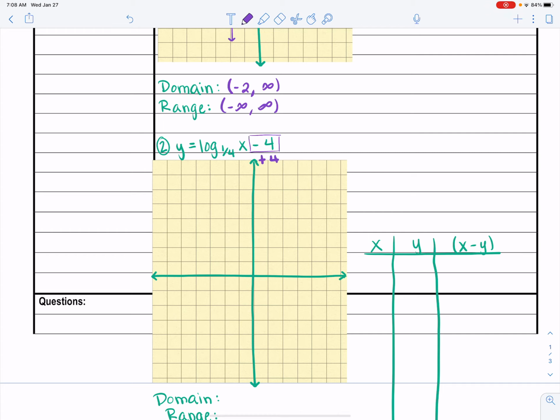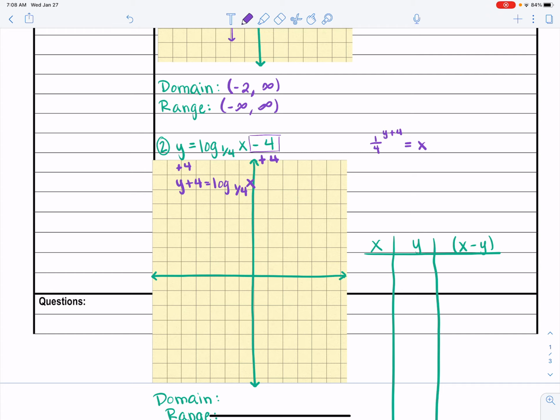So I'm going to add 4. So y plus 4 equals log base 1/4 of x. Now that I have the log by itself, I can change it to exponential. So my base is 1/4, my exponent is y plus 4, equals x.